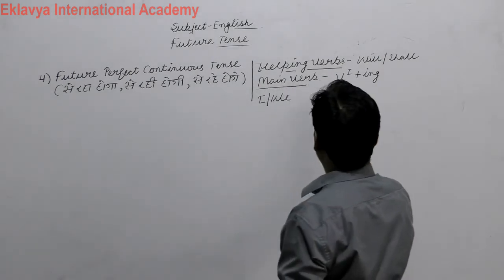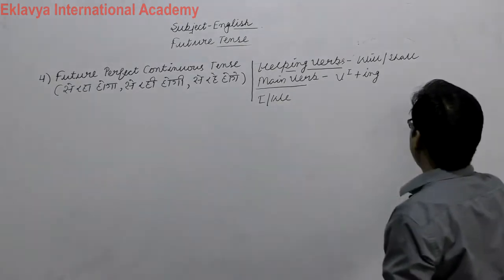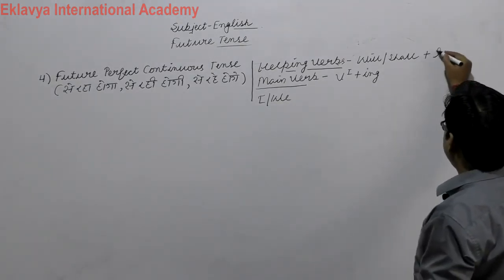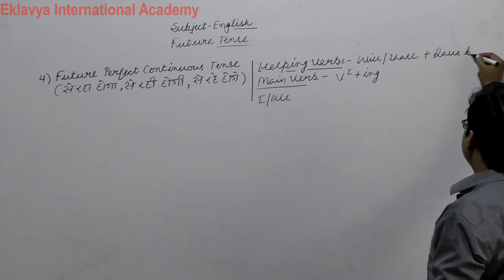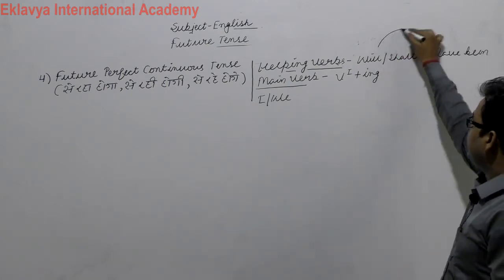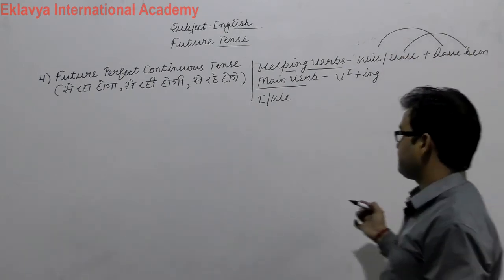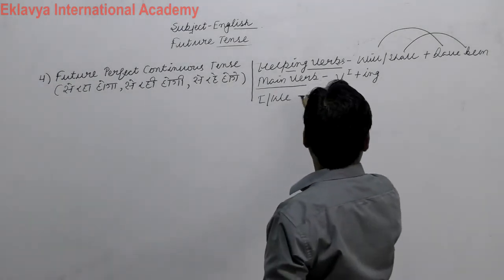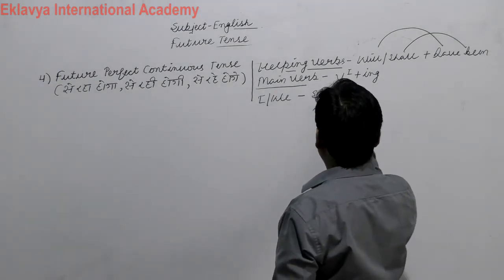We'll use helping verbs will and shall plus have been. Okay, will have been and shall have been. We shall use shall have been with ing.